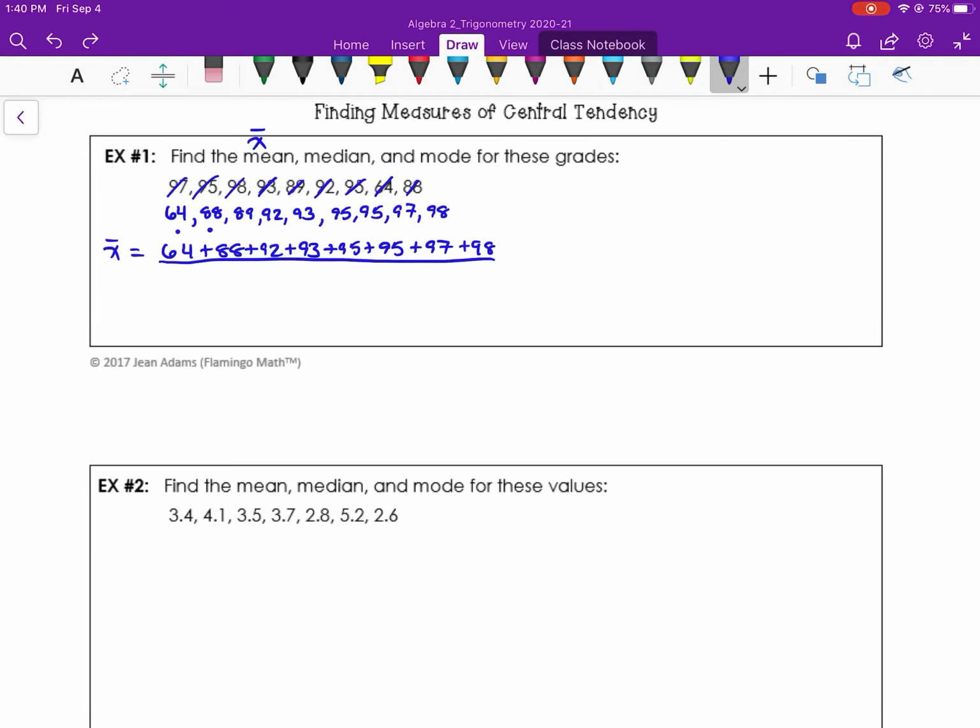There's 9 of them. So take that, divide by 9. You can put that all in the calculator in one shot. If you're going to do it, make sure it's in parentheses. Otherwise, you can get something wonky. Alright, so it's going to be 90.11 repeating. Okay, so again, this is our mean.